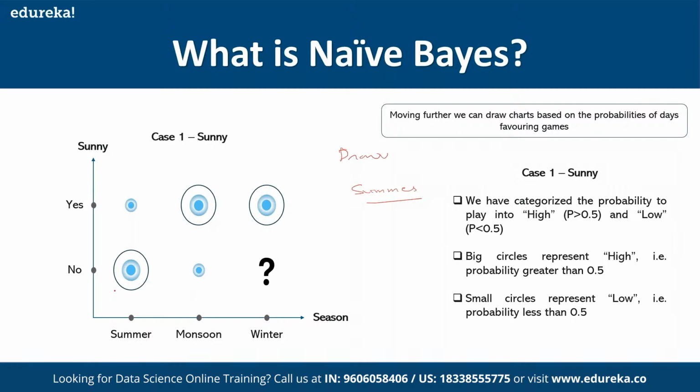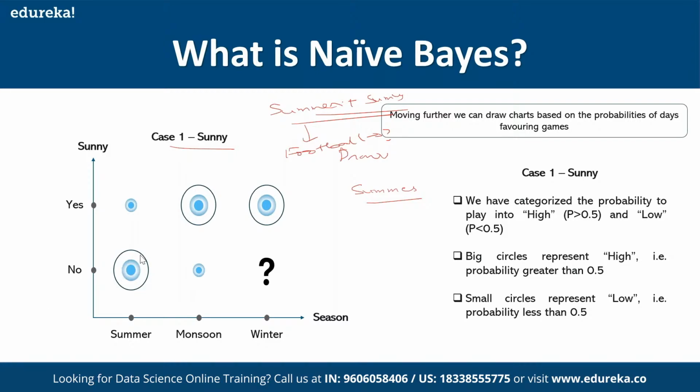The probability of playing football, if it is very sunny, also it is summer and plus it is sunny. Would you want to play football in this situation, that it is summertime and it is also very sunny? How many of you would like to play football there?